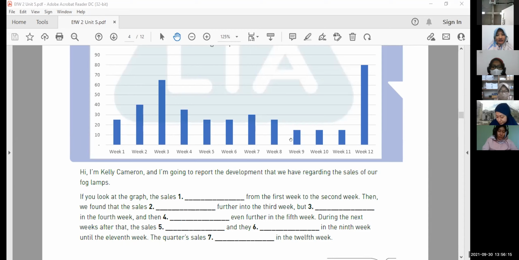The quarter sales reached a peak in the 12th week, because it suddenly jumped at the top and reached a peak.